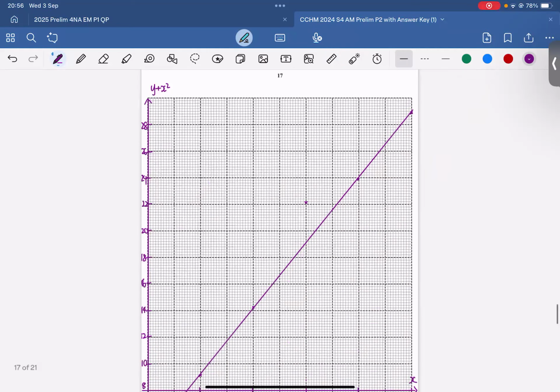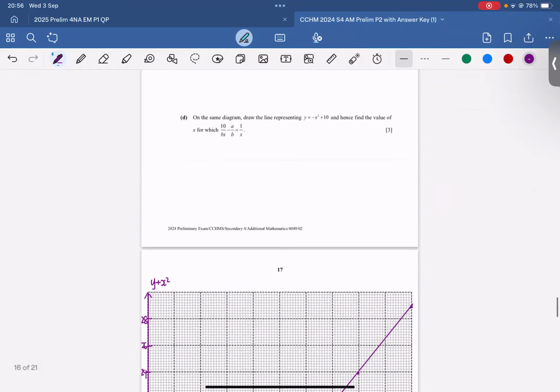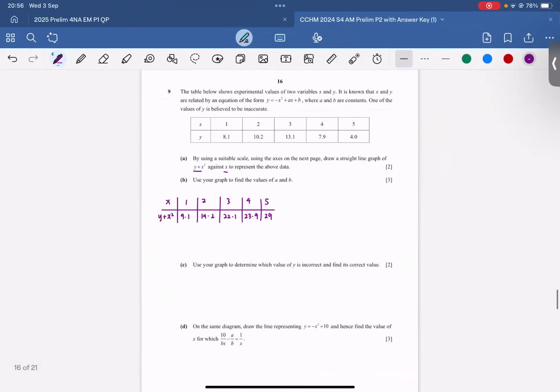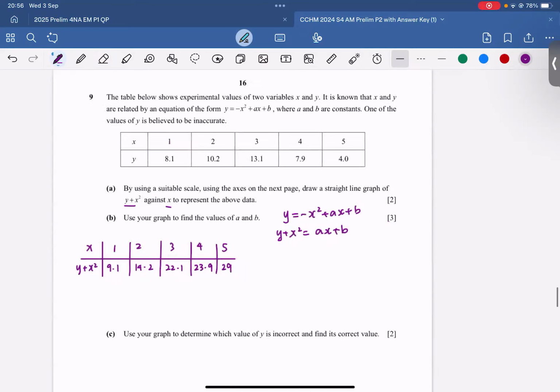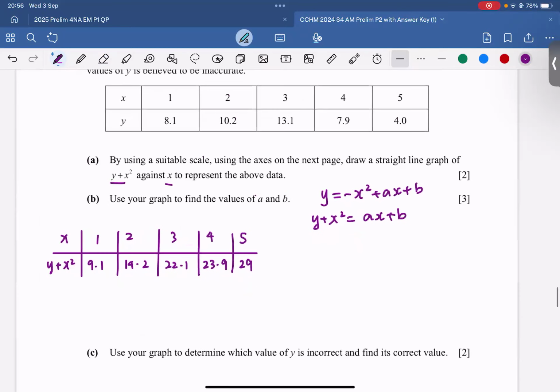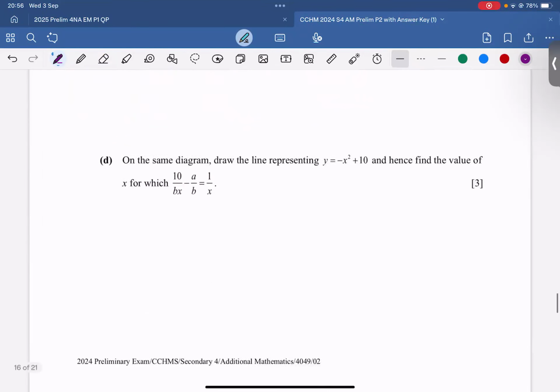Okay. So now I want to find my A and B. I have to rearrange my equation first. I need to make it y plus x squared. So I just bring the x squared over. Equals ax plus b. So this is the form. So a is straight away the gradient, and then b is the y-intercept. Okay, so we find a first.